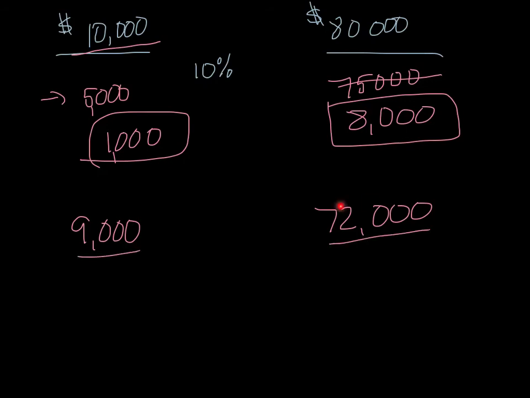Yes, he has more money left. He earns more money, so he's going to have more money left. But when the taxes come around, this guy is paying $1,000. It's tough to afford, but he can afford that a whole lot better than the $5,000. This guy's paying $8,000. It's a little more than the $5,000 he was paying before, but he can afford to pay that a little bit more. So it's a little more fair.